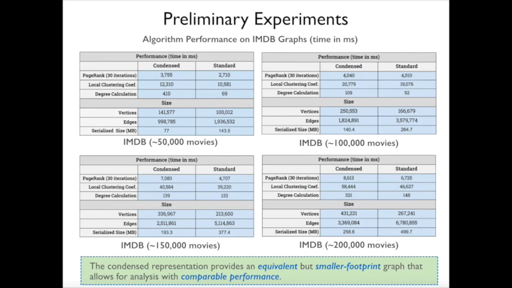Our preliminary results show that the deduplicated condensed representation provides an equivalent but smaller footprint graph that allows for analysis with comparable performance of Vertex-centric programs.